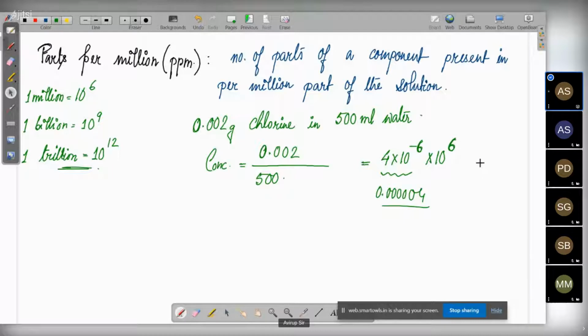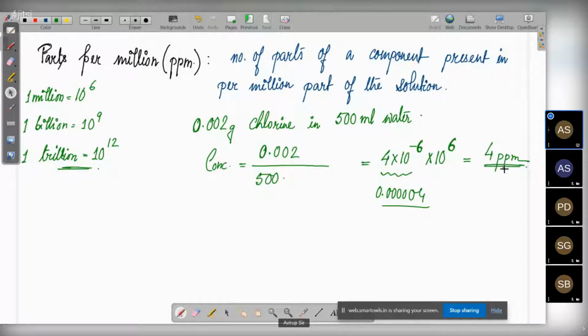So here we are actually increasing the concentration. We are multiplying it with 10 to the power of 6. So what do we get now? We get 4 ppm, that is 4 parts per million. Now this data is easily expressible, and we can easily do calculations.